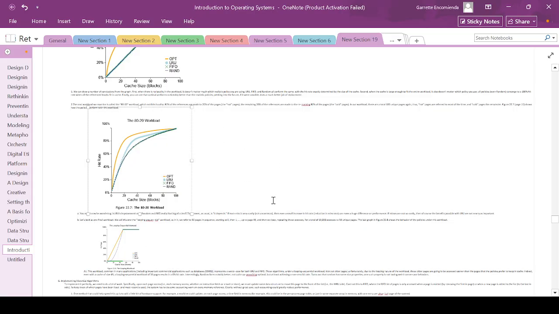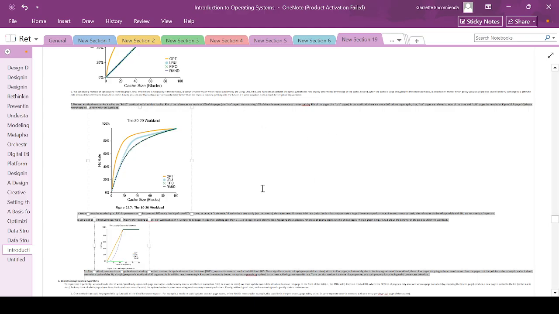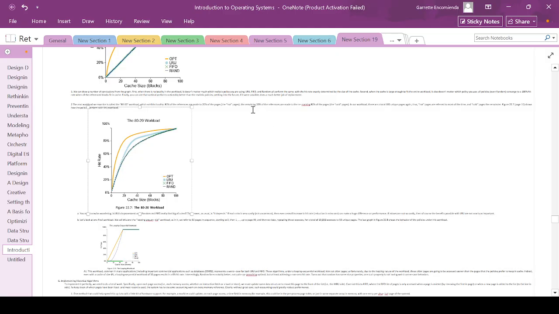So here's where LRU shines. 80% of the references are made to 20% of the pages, the hot pages. This is the Pareto principle, which exists everywhere, like we discussed in the previous video as well. The remaining 20% of the references are made to the remaining 80% of the pages, the cold pages.